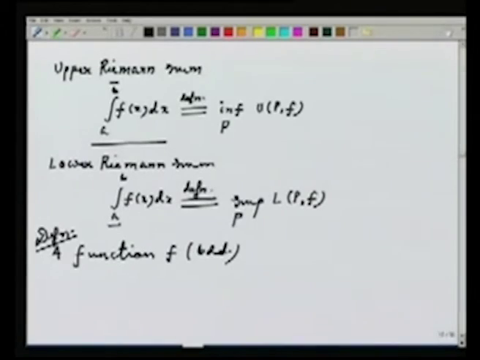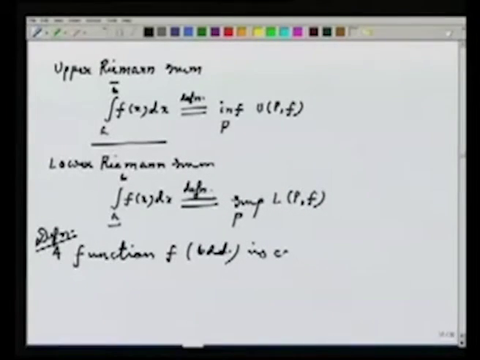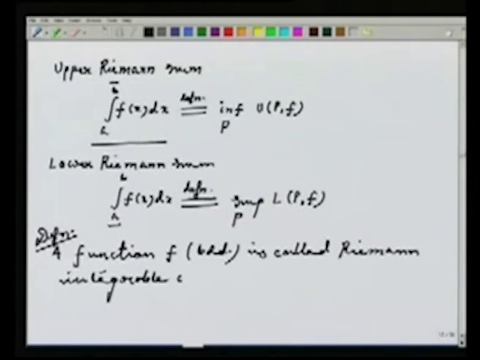For the existence of the supremums and infimums, I need boundedness of the function. It is called Riemann integrable over [a,b] if the lower Riemann sum is the same as the upper Riemann sum.